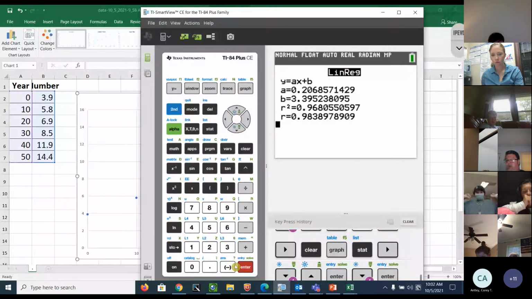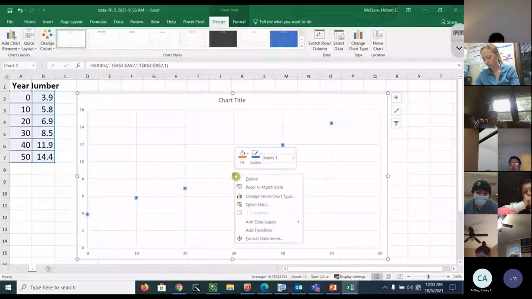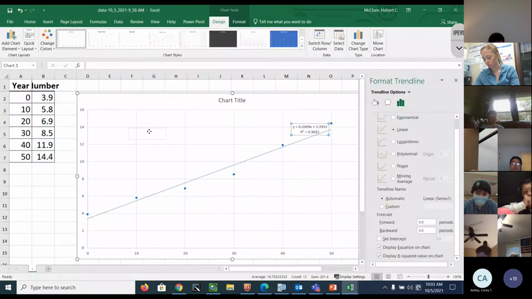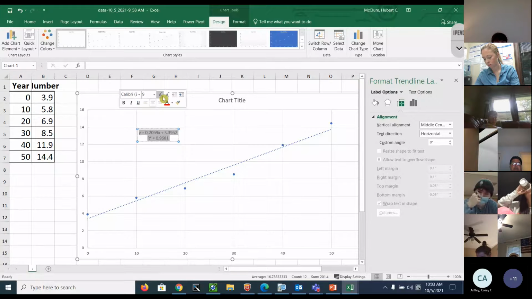So we got a real strong correlation here. Now let me go here, right click on your dot, go to add trend line, go to display, and you will see I've got the same thing here that I had with my TI.